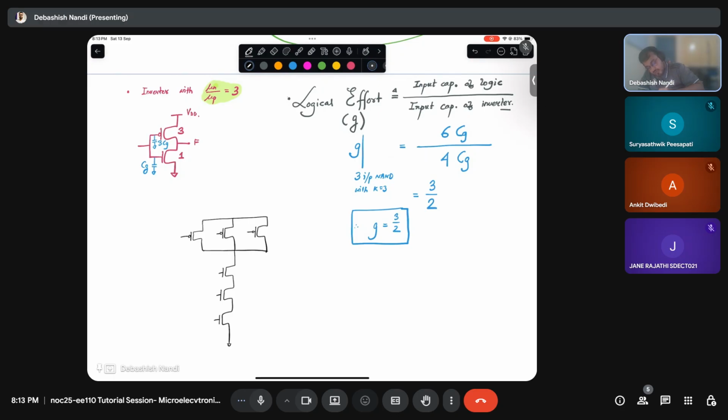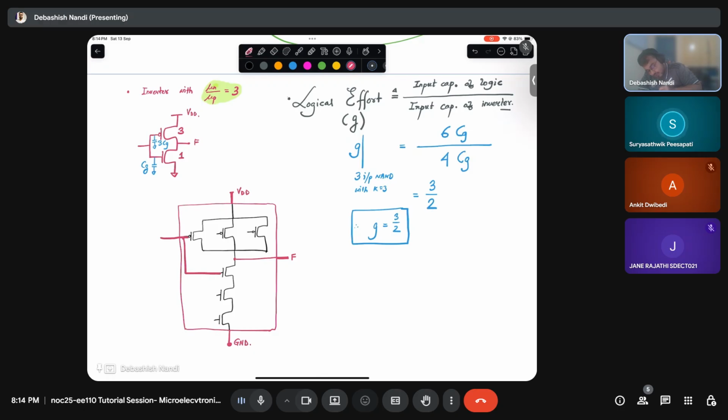But whenever you have a packaged chip, let's say this is the sealed package, you will have one pin that is your output, one pin that is your VDD, and another pin that is your ground.